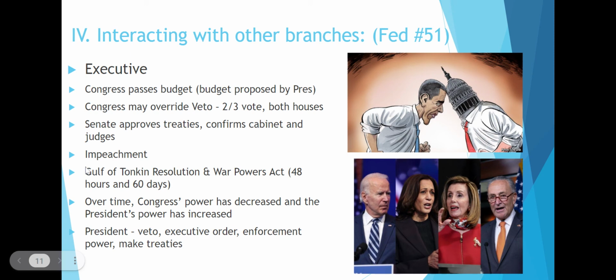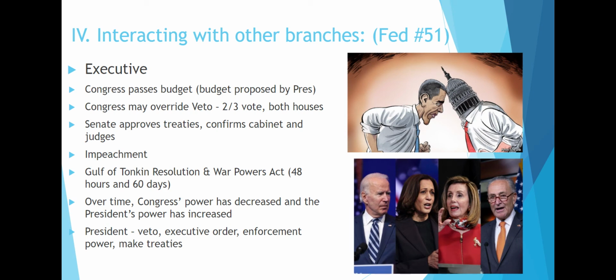Over time, Congress's power to declare war has changed. Congress still has the power to declare war according to the Constitution, but the last time Congress declared war was World War II. Obviously, it has not all been world peace and kumbaya since World War II.